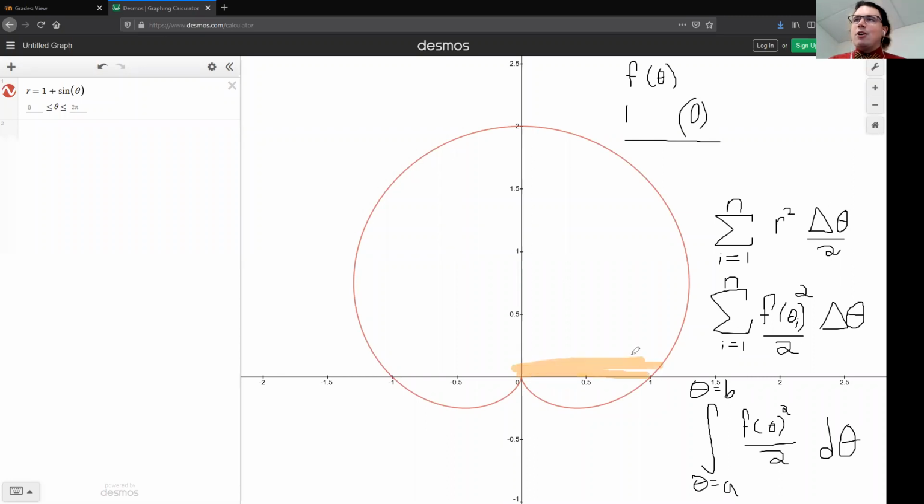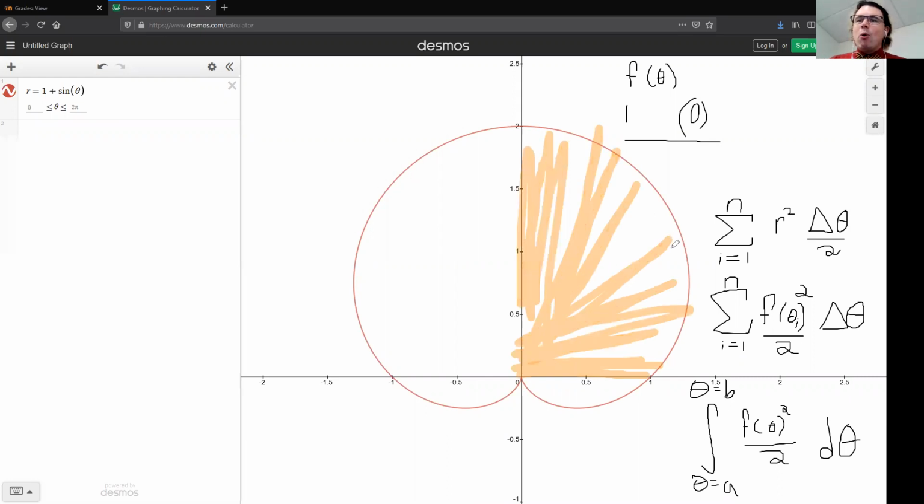And then depending on where I stop my integration, I will be filling in more of the curve, more of the cardioid in this example. So this orange region that I've colored in, I could measure this amount of area by calculating the integral.